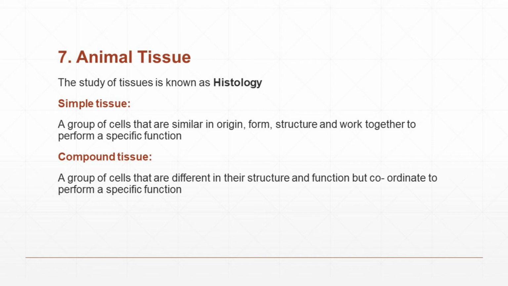Simple tissue means a group of cells that are similar in origin, form and structure and work together to perform a specific function. Compound tissue means a group of cells different in their structure and function but coordinating to perform a specific function.